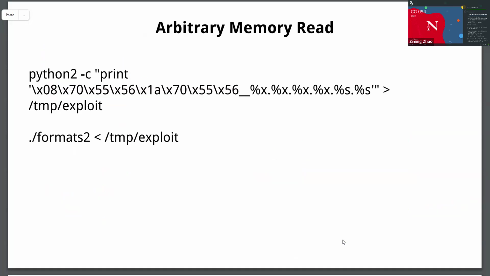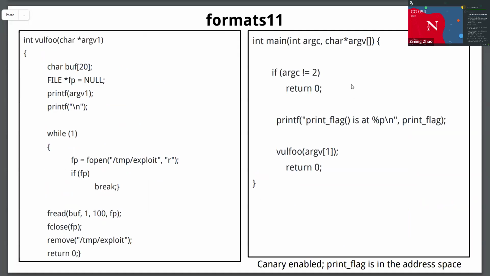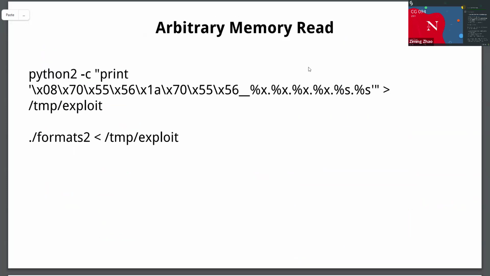Then we use something like this. Percentage X. Eventually, this percentage S corresponds to this address, and this percentage S corresponds to this address. Obviously, the order doesn't really matter.